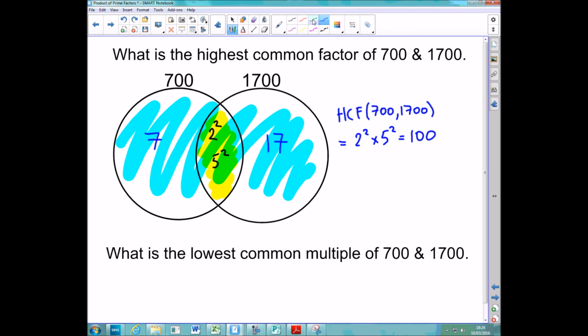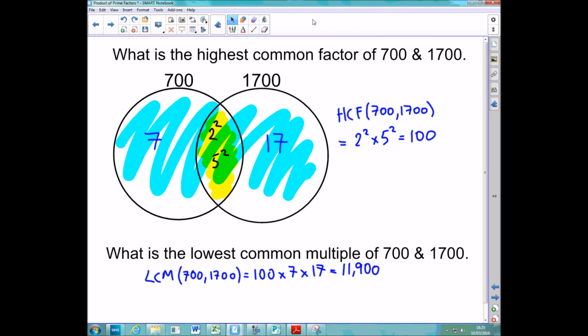So the lowest common multiple of 700 and 1700 equals the number in the middle, which we calculated was 100, times 7 times 17, which equals 11,900.